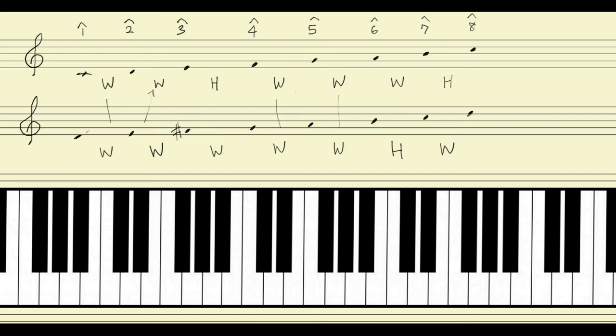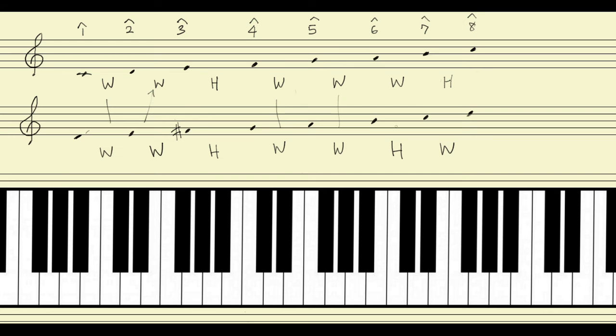Making that F into an F sharp not only brought it one half step further away from the E, it brought it one half step closer to the G. So we just solved two problems with one accidental. So that is now a half step, just as it should be.